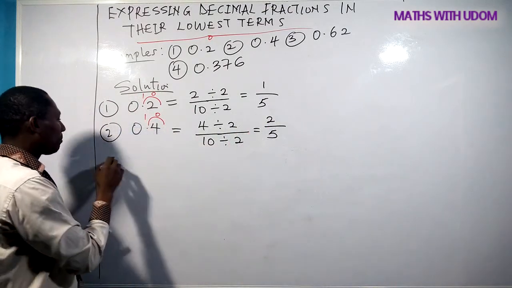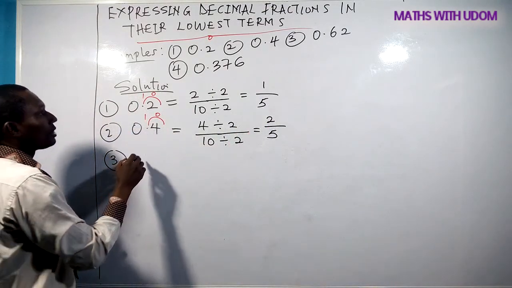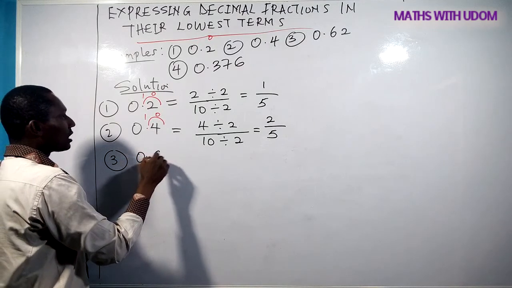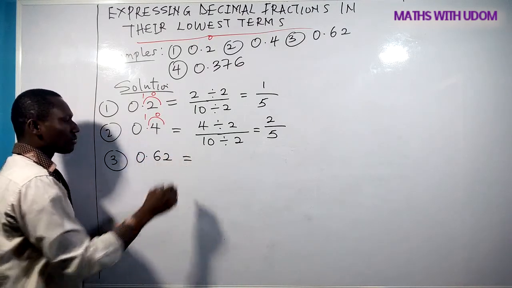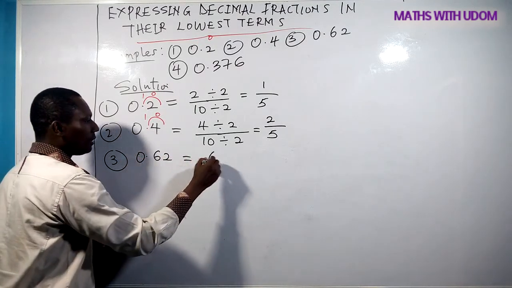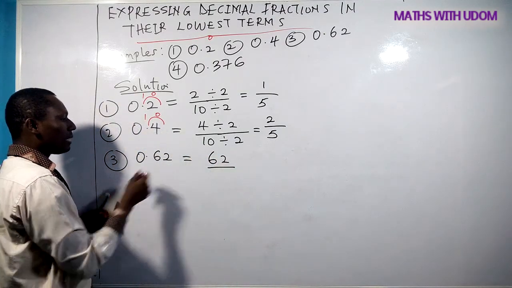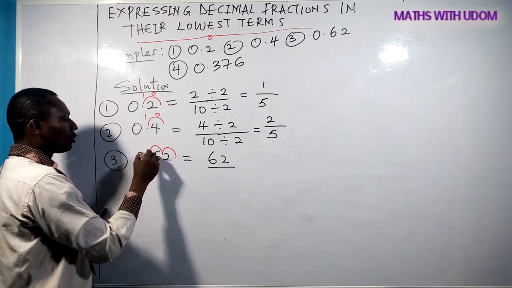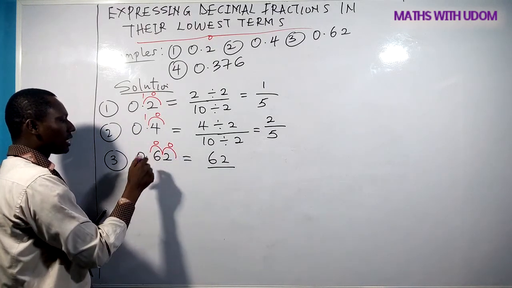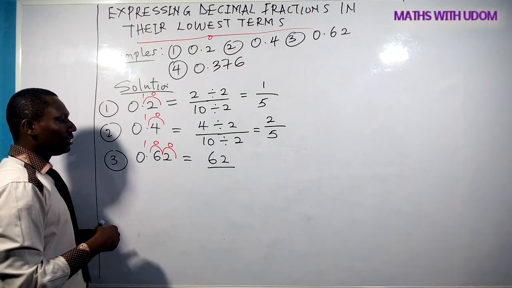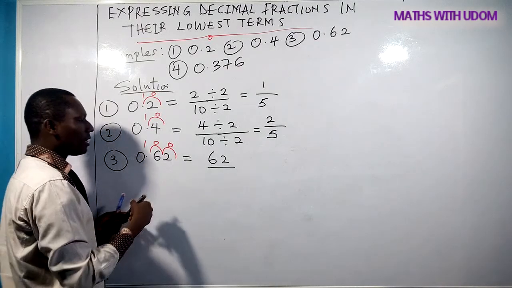Let's have the third example, which is 0.62, which is the same thing as 62 as the lump sum, divided by what? Now let's move from the front of 2 backwards. Let's go 1, 2. You have 2 zeros, then you put your 1. So I'm dividing this by 100.